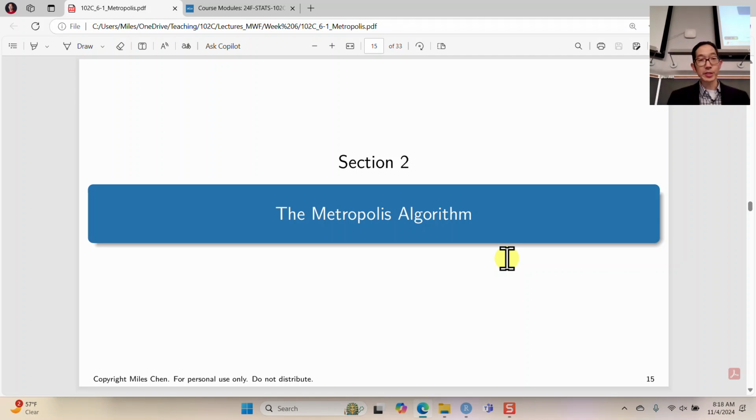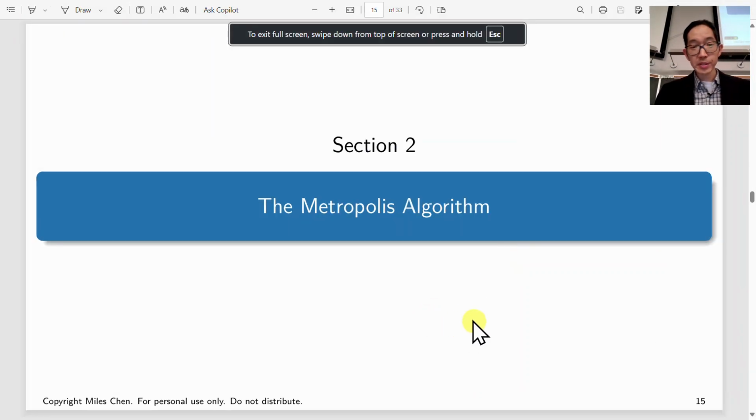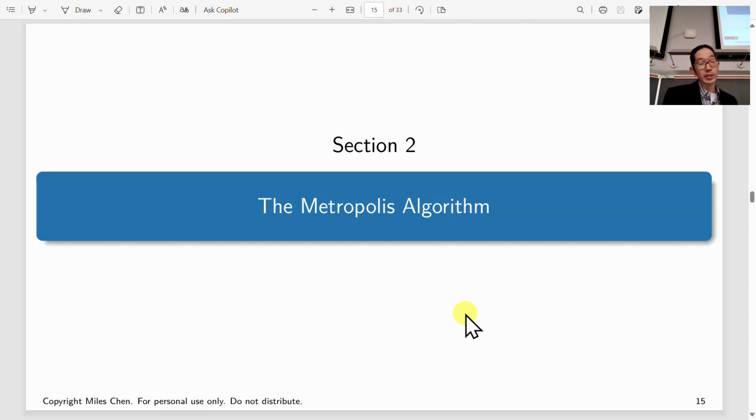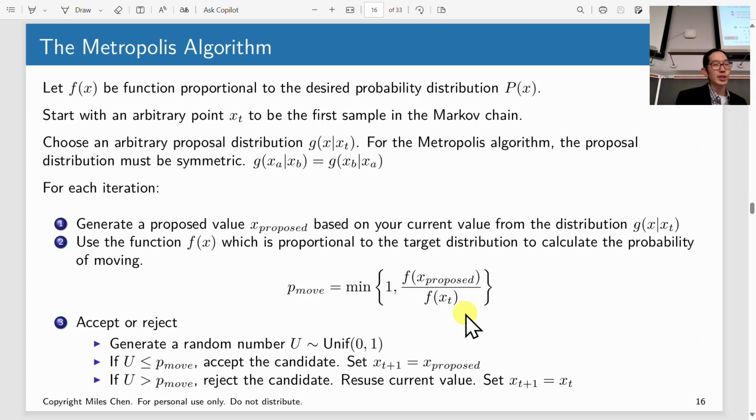All right. Let's generalize this, and we'll just discuss the Metropolis algorithm. The island hopping example is an example of the Metropolis algorithm, but we want to generalize to allow for even continuous distributions.